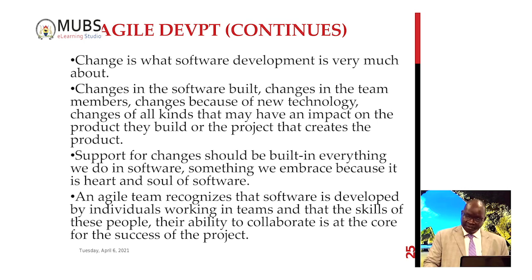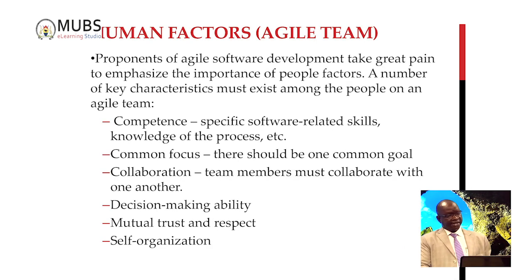So competence in programming is the requirement for agile development. And the ability to collaborate, to do teamwork, is important for the success of systems development. So here are some human factors for an agile team.